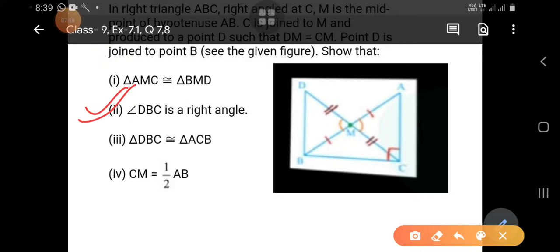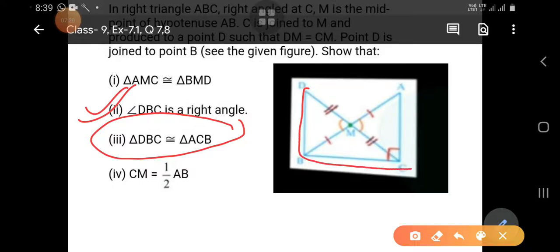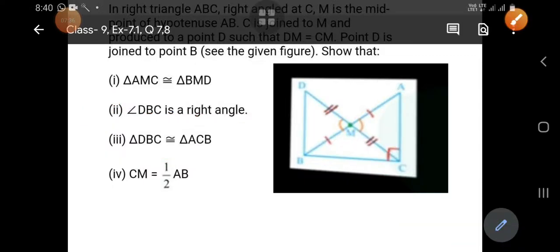Now for the third one, triangle DBC is congruent with triangle ACB. See the picture: triangle DBC and triangle ACB. You have to prove these two triangles congruent.